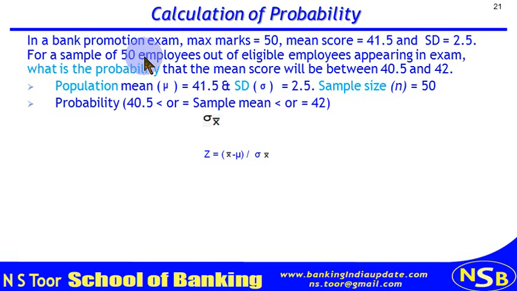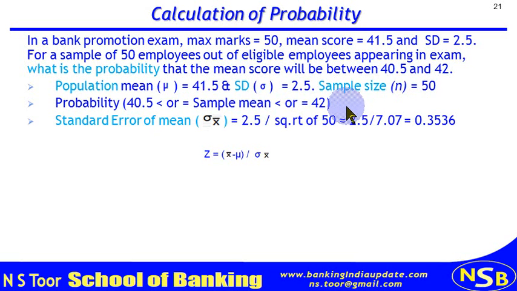And what we are to calculate is the probability that for this sample size, the mean score is between 40.5 to 42.